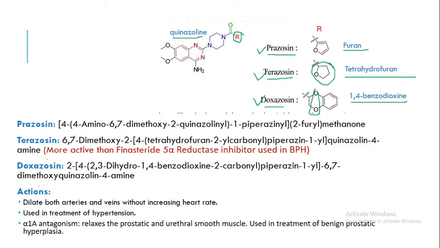quinazoline derivatives. So let us discuss the IUPAC name of any one drug, say for example prazosin, where the furan ring is attached. Now 4-amino, that means this 4-amino, 6,7-dimethoxy, that means 6,7-dimethoxy, these are at the second position. So 2-quinazolinyl, 1-piperazinyl. This is called 1-piperazinyl, 2-furyl.